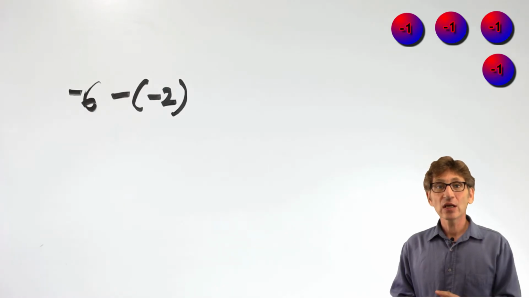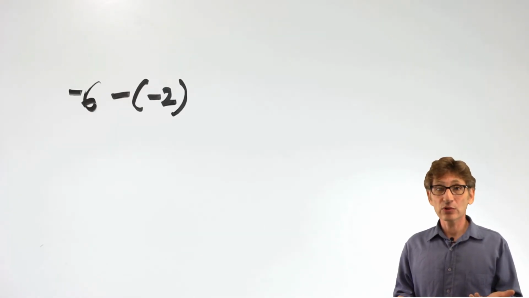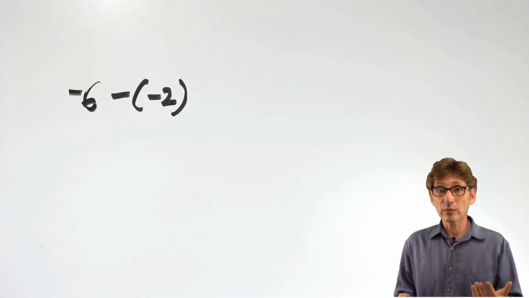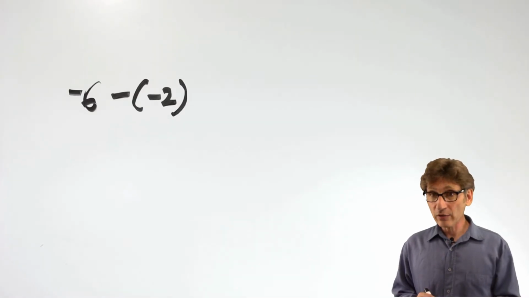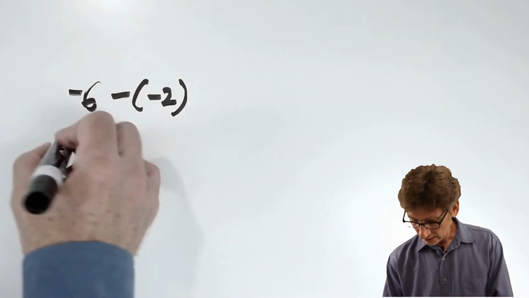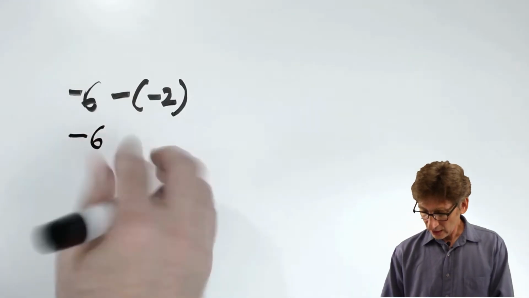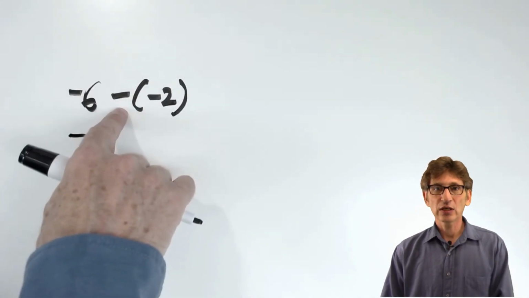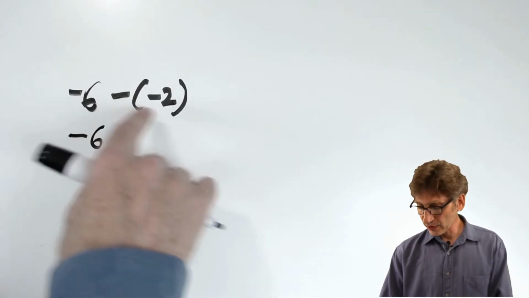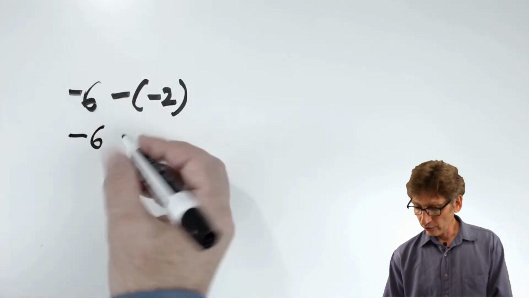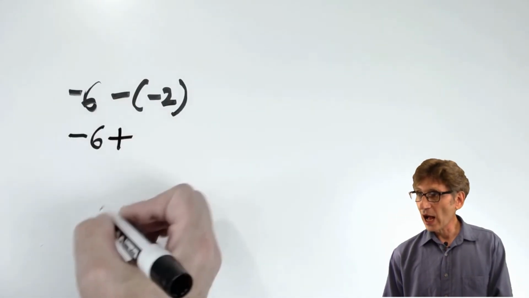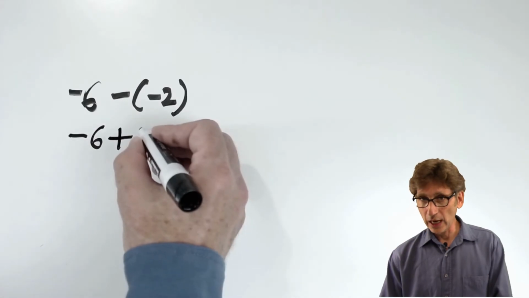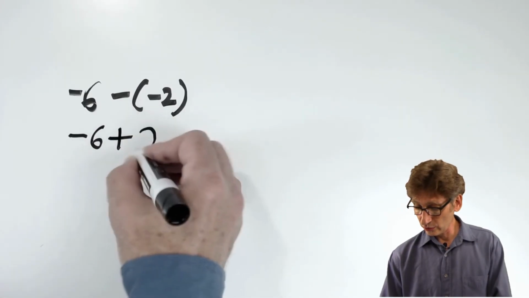If I look at this with the idea that there's no such thing as subtraction, that all subtraction can be written as addition, now it becomes negative 6. Subtraction becomes addition. I will be adding the opposite of negative 2. The opposite of negative 2 is 2.